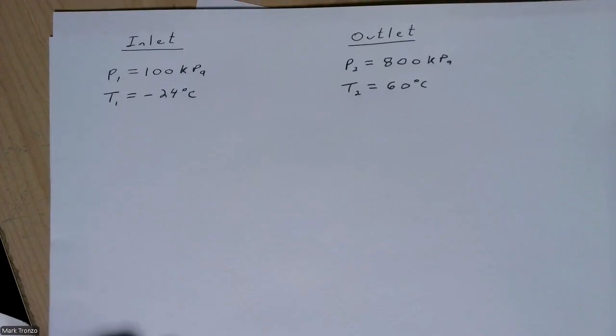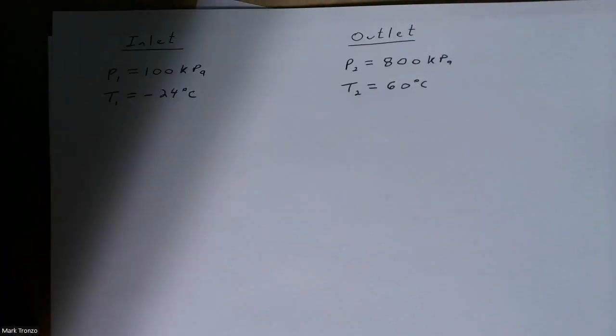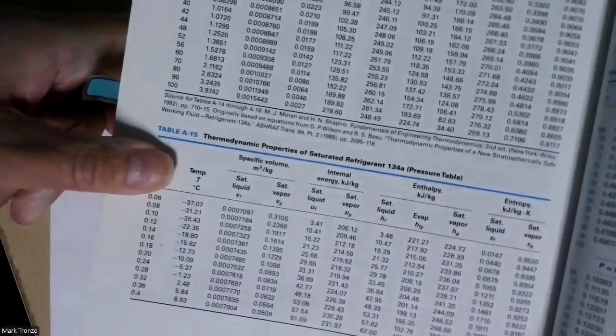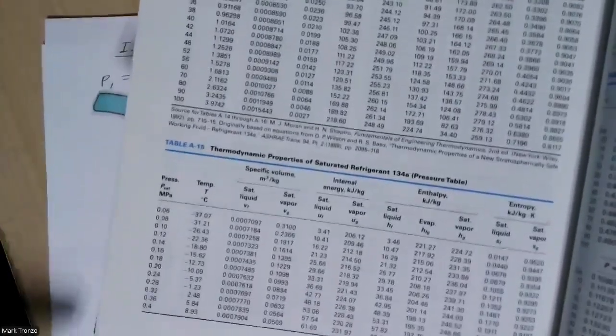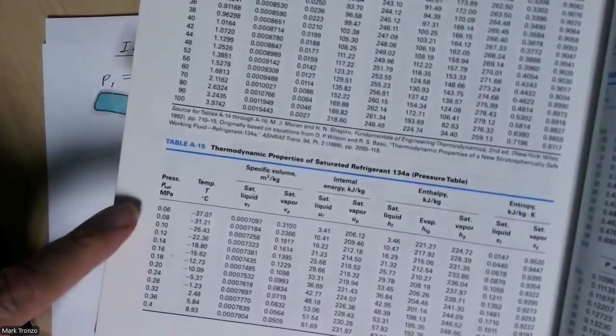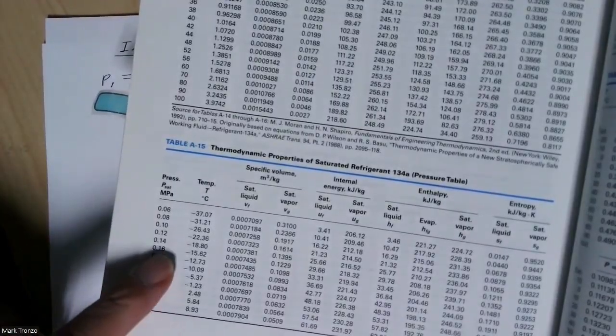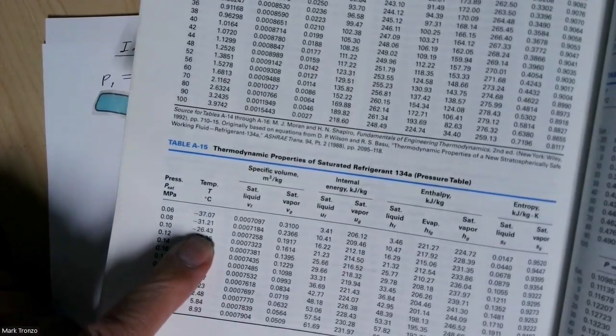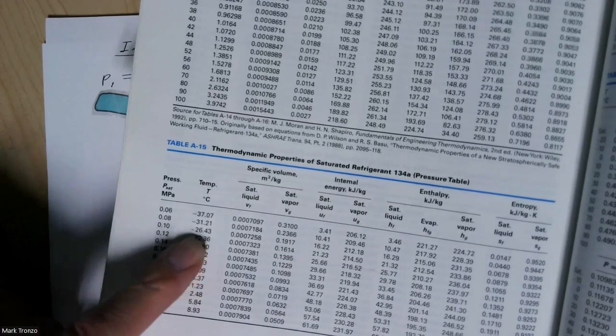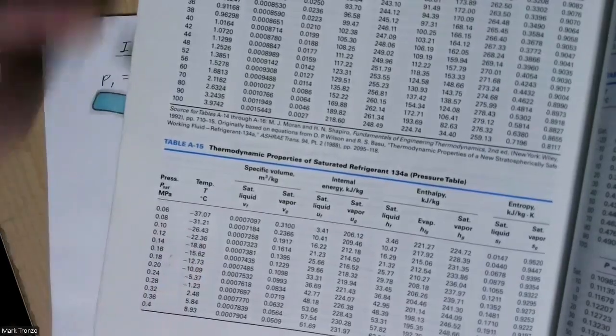So for 134A, if we look up 0.1, so we have 100 kPa, which is 0.1 MPa. You can see the saturation temperature is minus 26, and we're actually at minus 24. And believe it or not, that would be considered superheated because we're above the saturation temperature for that pressure.